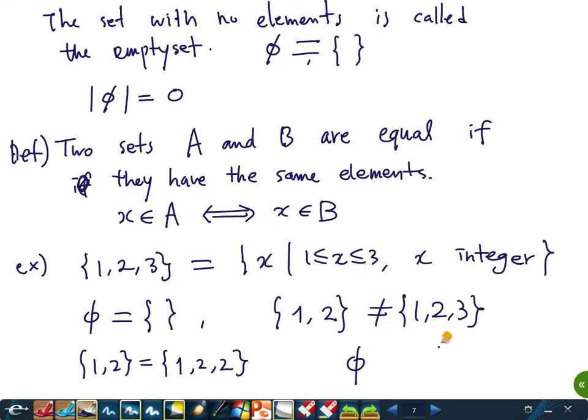Empty set and this. Are they equal? No, they are not equal. Empty set is also kind of an object. It can be an element of a set. This is a set that contains nothing. This is a set that contains one thing, which happens to be the empty set. Okay? They are different, remember.